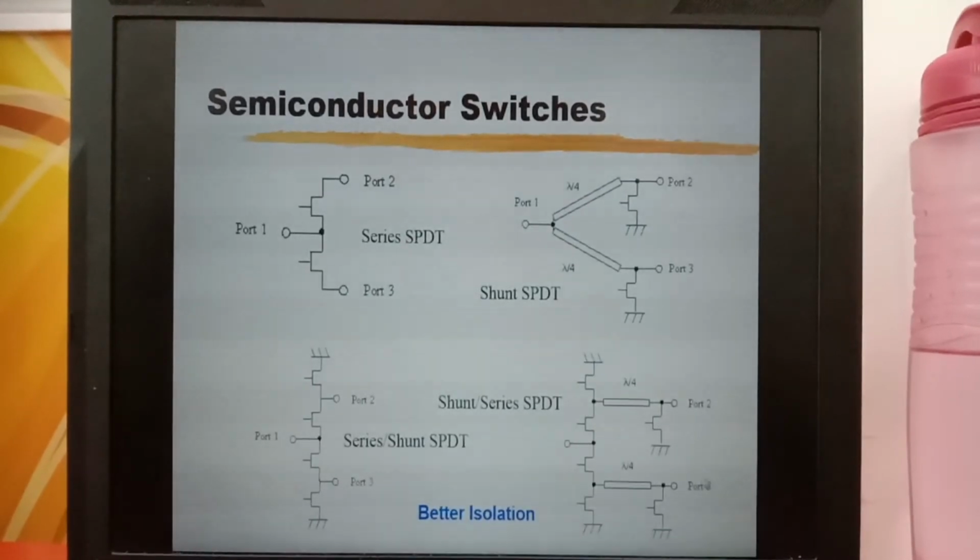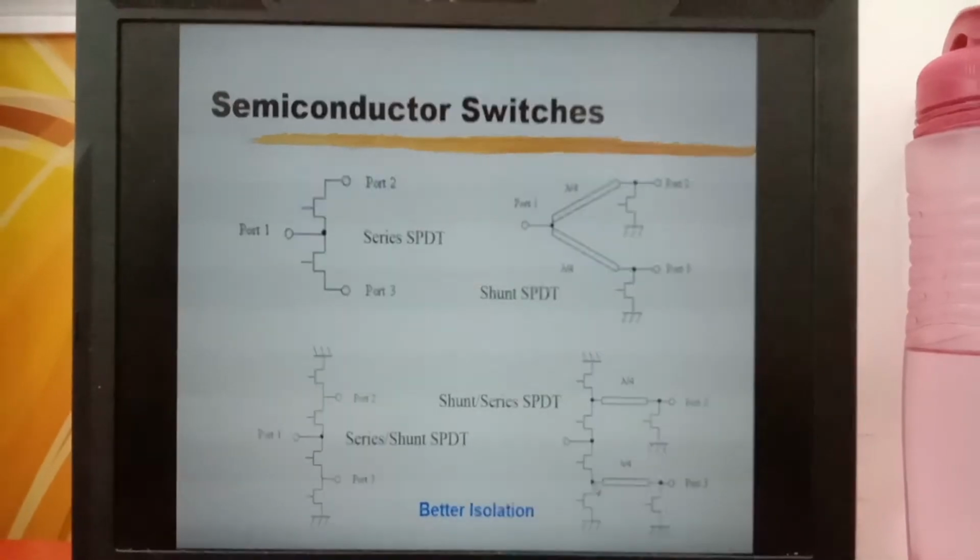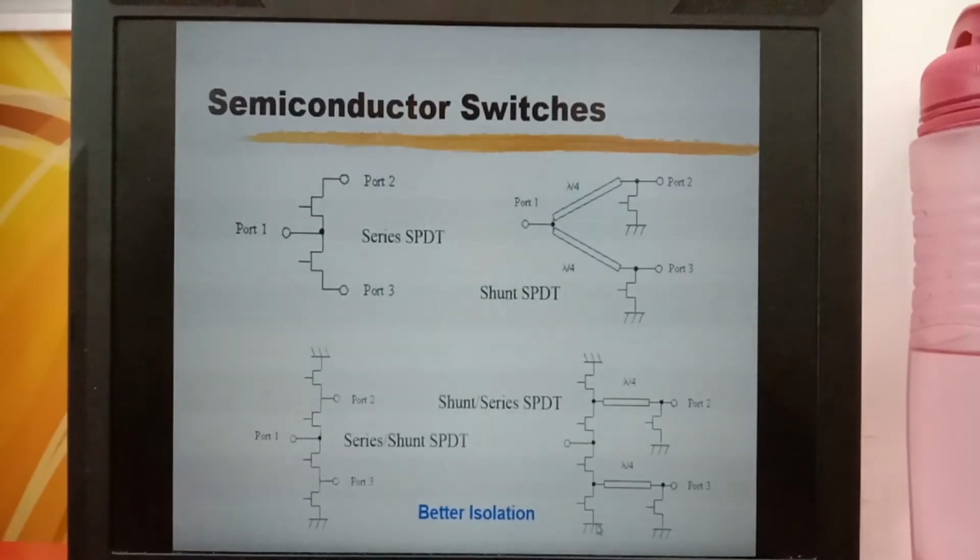But for port 3, we need a good isolation. Therefore, this transistor is turned off, and the fourth transistor here is turned on to give us a short circuit.